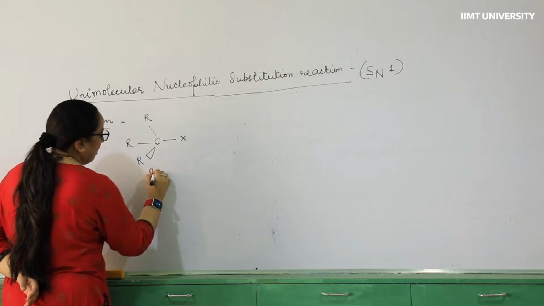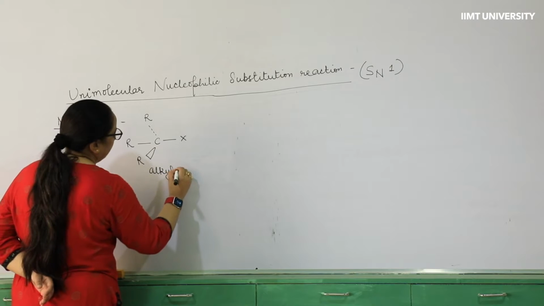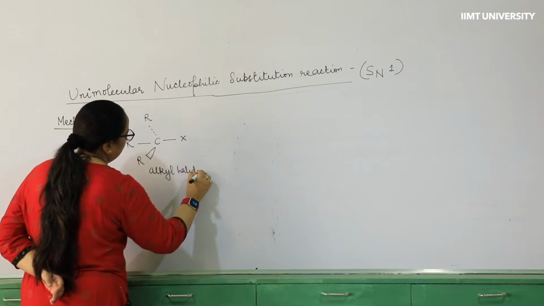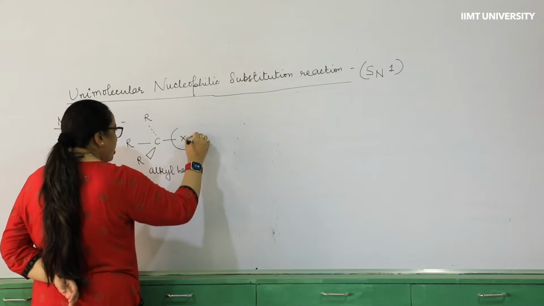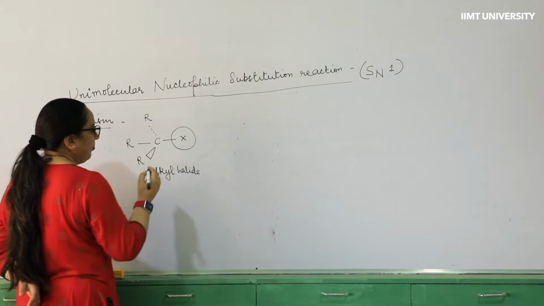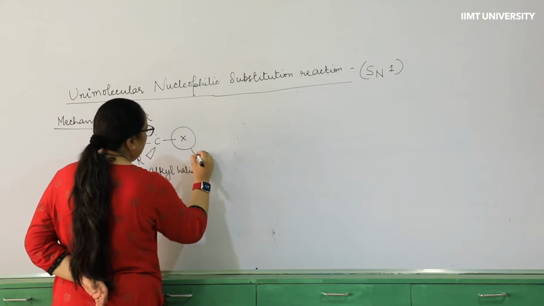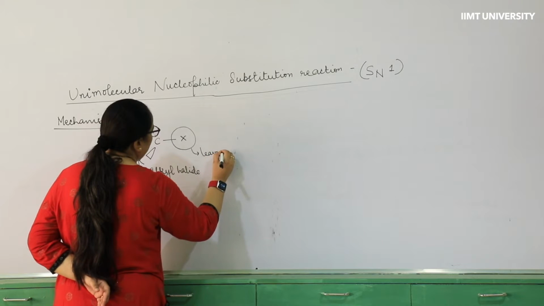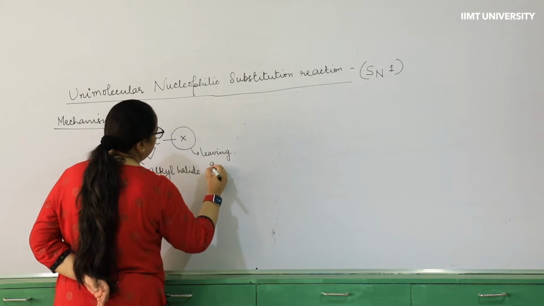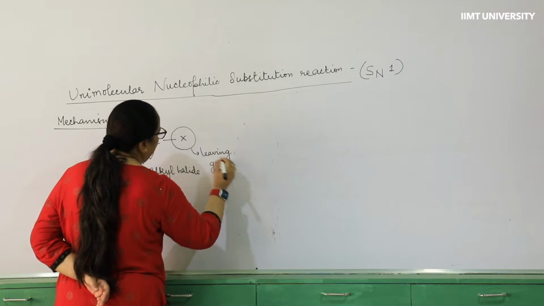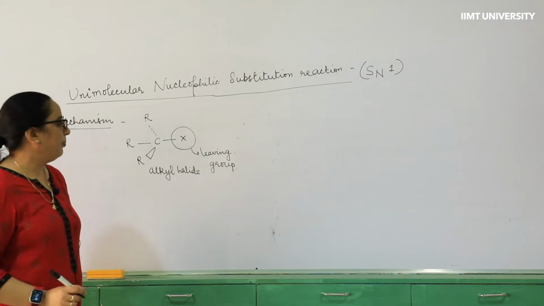This is alkyl halide. This halogen, halide group, this is the leaving group. That is the group which has to leave or which will be replaced by the nucleophile.